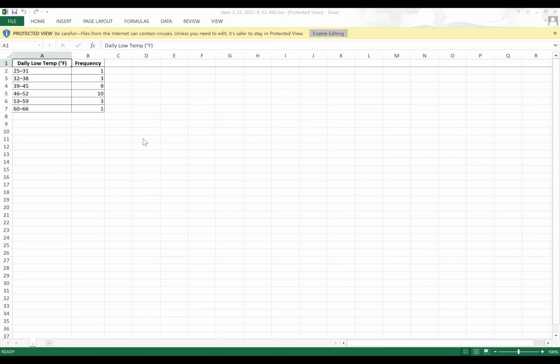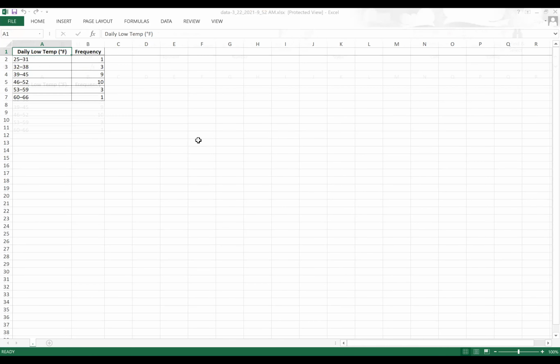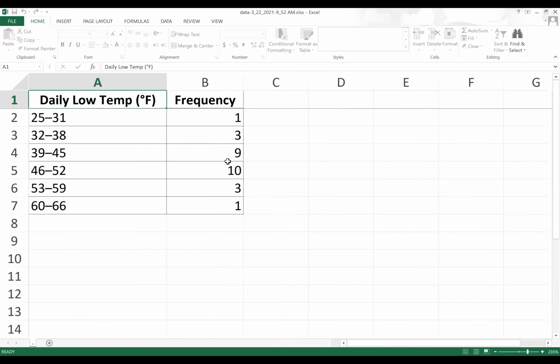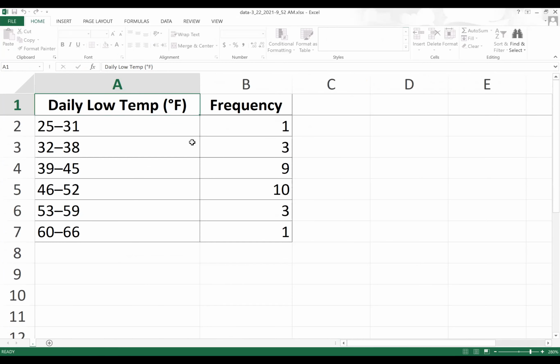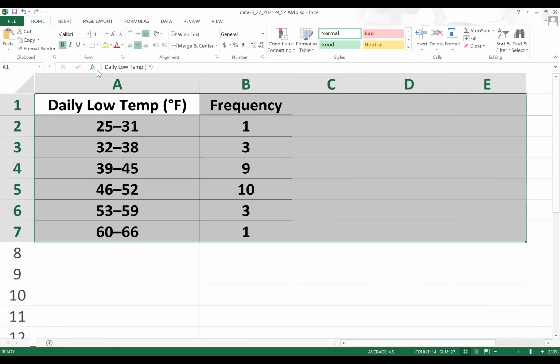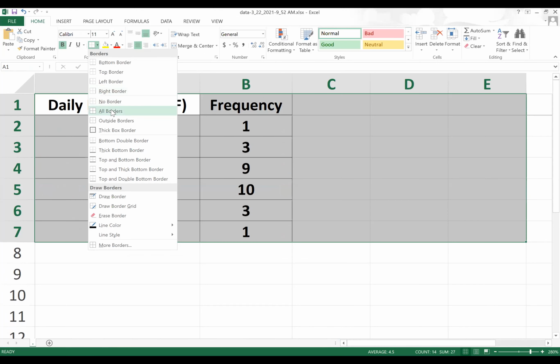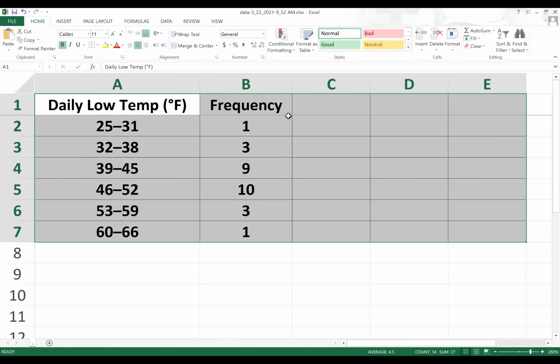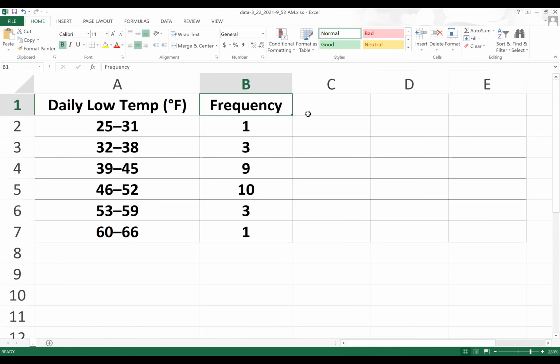Enable add-ins. I'm going to make it slightly bigger. Let me format it. We need 3 more columns. Center everything, bold it, add borders. I'm going to label this as frequency f.